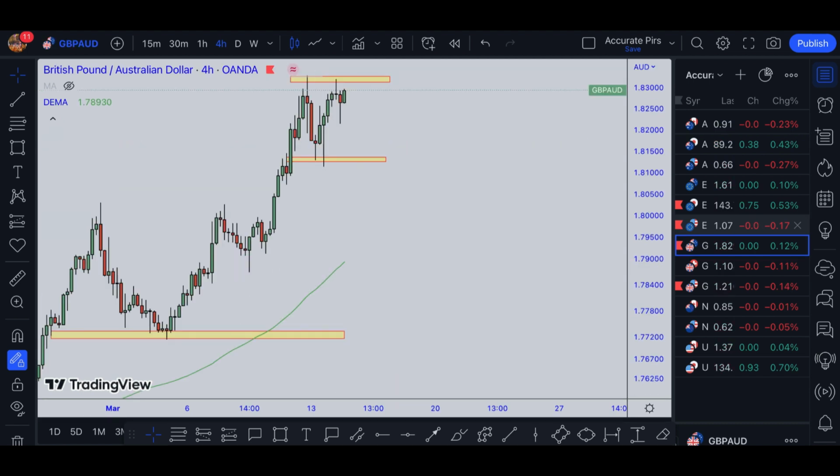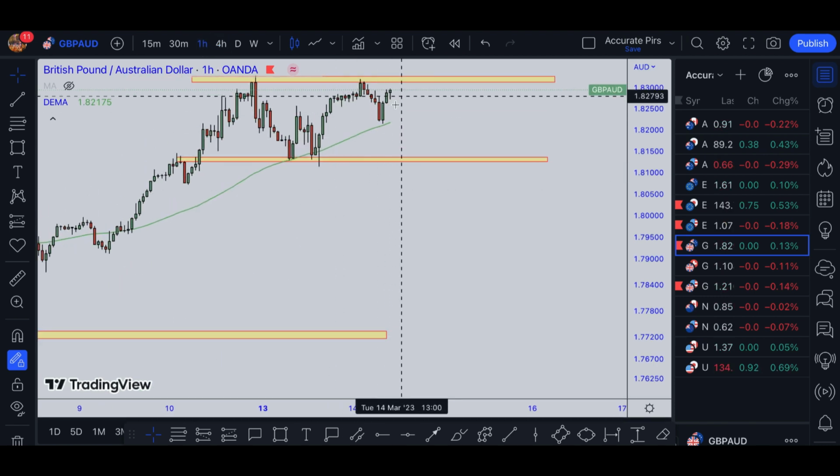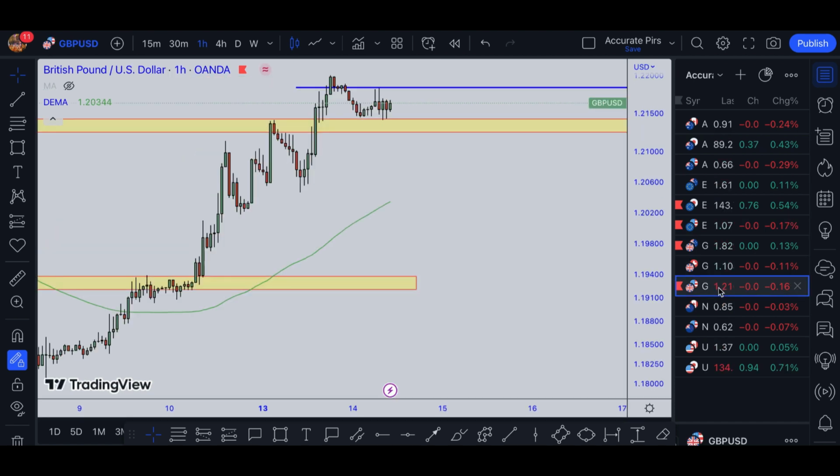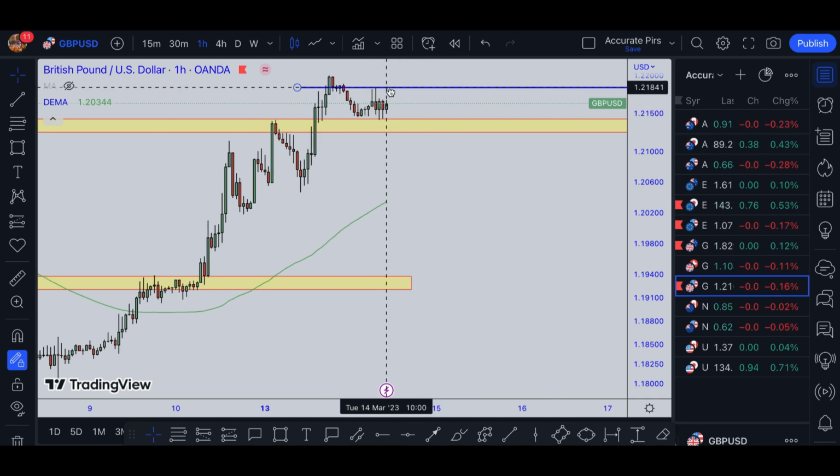Another currency pair I'm looking at is GBP AUD, to see how it reacts with our resistance level. And our last pair that I've got my eyes on is GBP USD, waiting to see if we get a break above this temporary support level. So those are the 4 currency pairs I've got my eyes on this week.